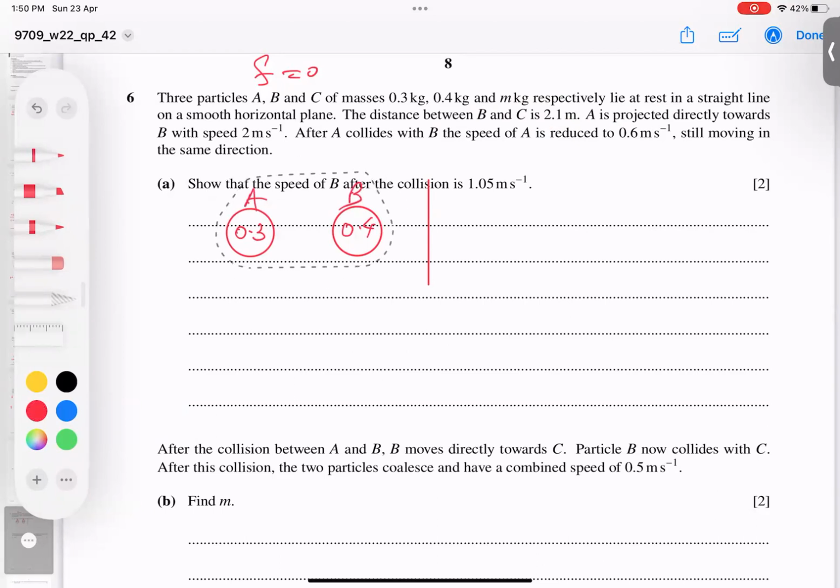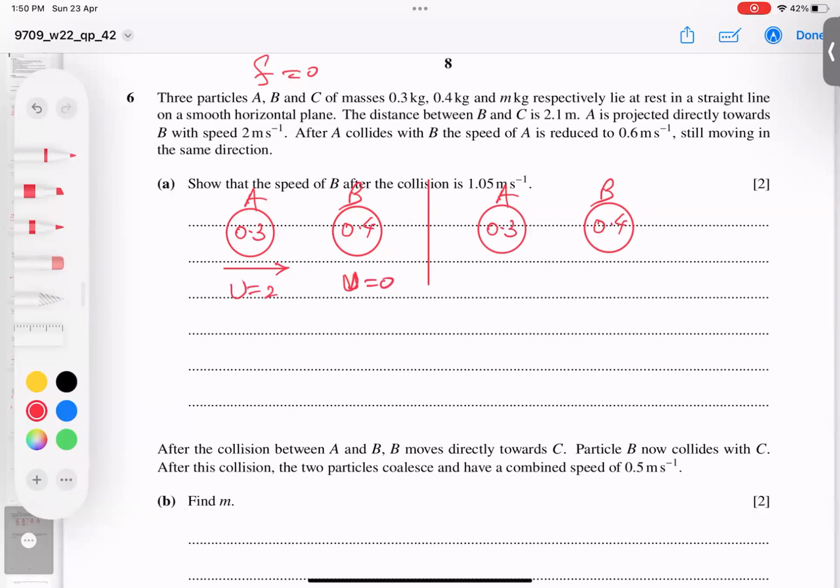So have a look now. This is very clear, before collision and after collision. This speed we already have is 2. B's velocity, I'm writing here u, starting speed, is 0.